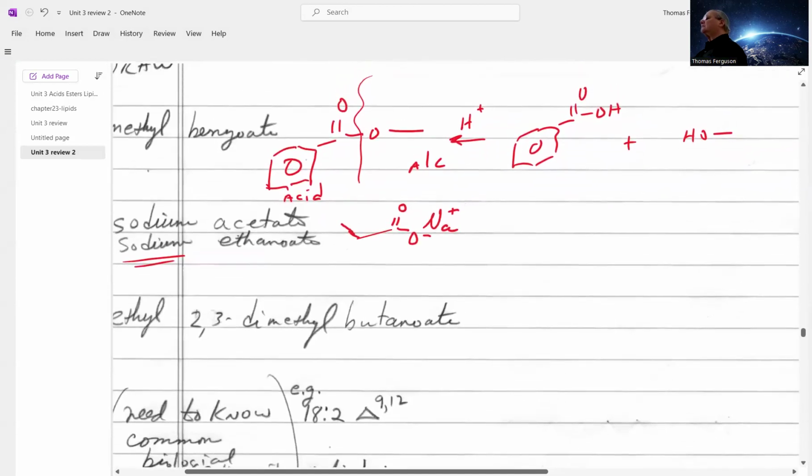That was another mistake frequently made in the Benedict's reaction. Remember, it's done in an alkaline environment. So that means that the acid is deprotonated. It's O minus. A lot of you put OH there.